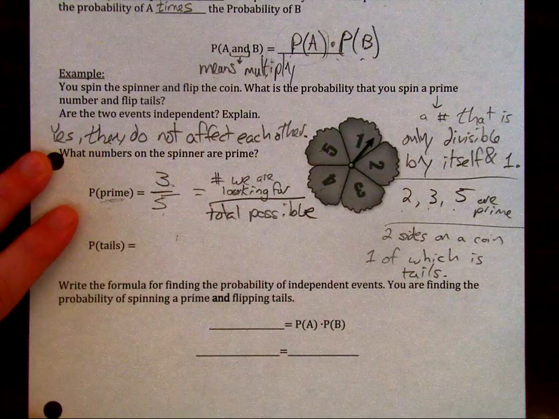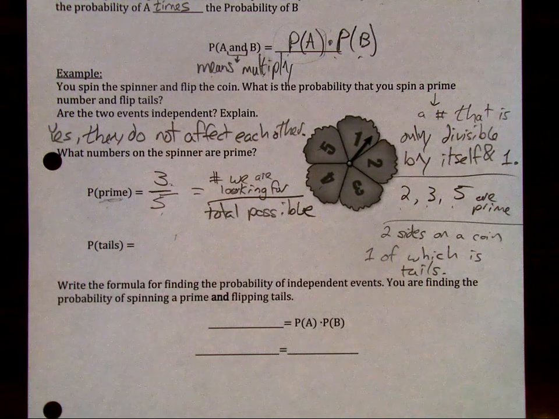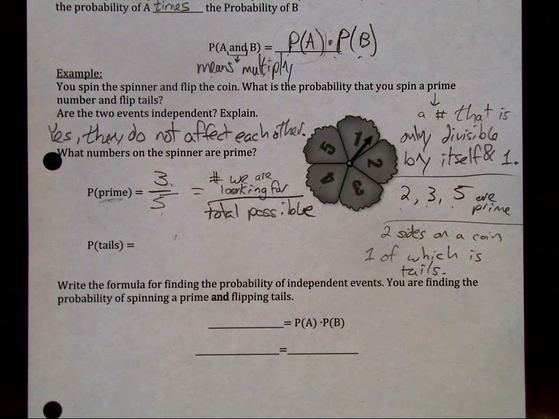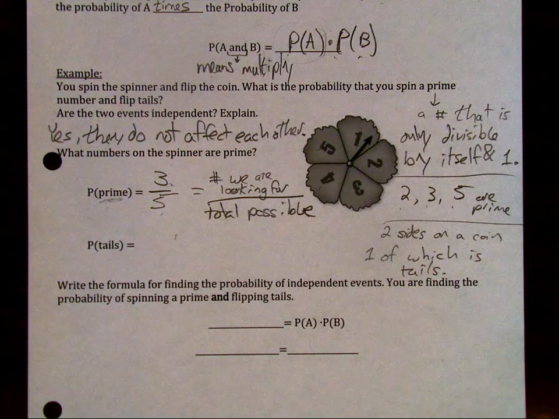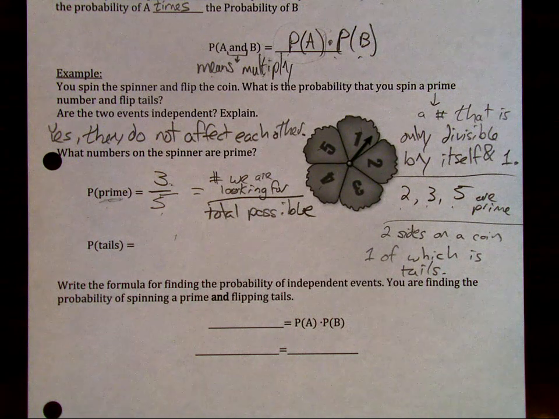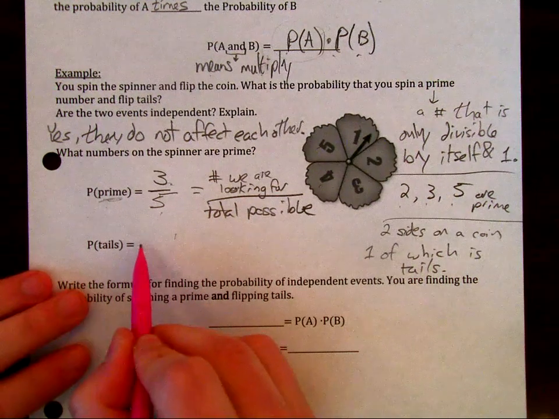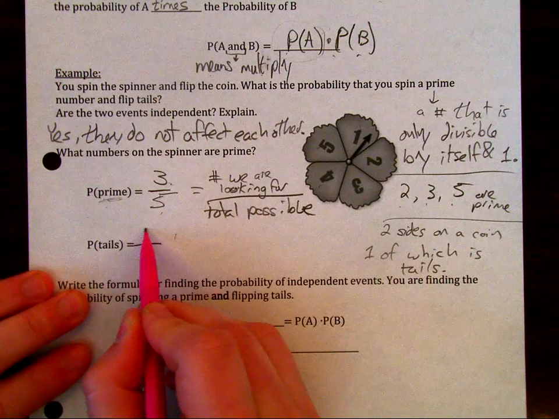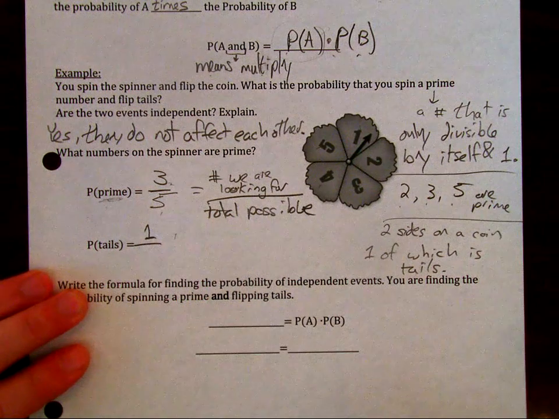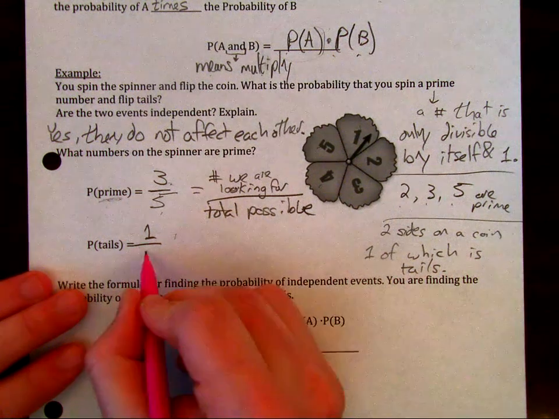You guys will get a little bit more practice with this once we actually flip those coins and spin those spinners, so don't worry, it'll be super simple. So what are we saying? We're looking for how many tails are there? Well, there's just 1 tails of the 2 possible sides.